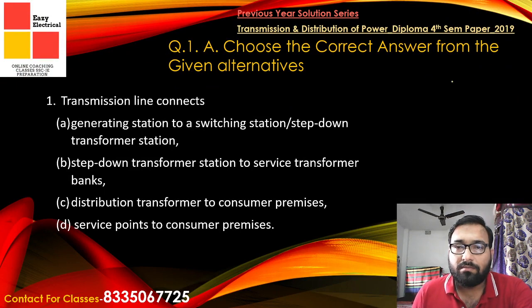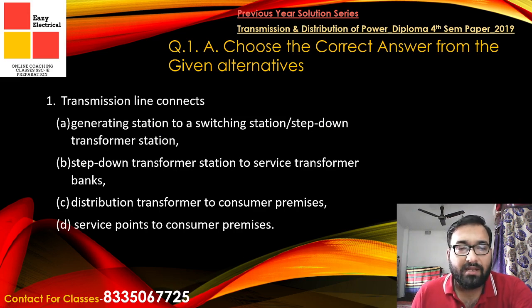First of all, the question that was given, you can see, choose the correct answer from the given alternatives. The first question is: transmission line connects. Transmission lines are a part we all know, that connect which parts? The first option is generating station to a switching station/step down transformer station.